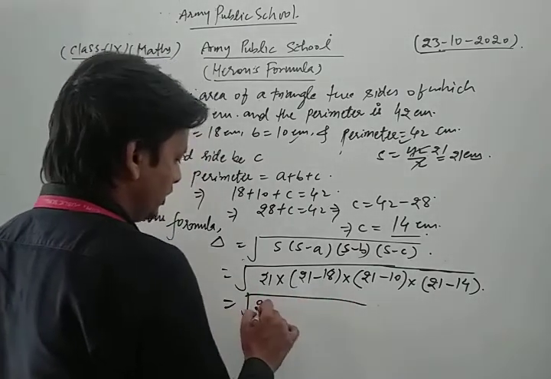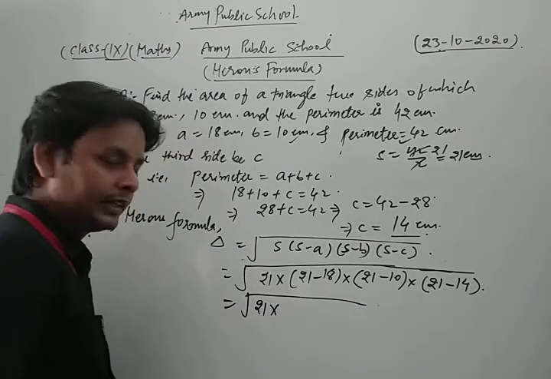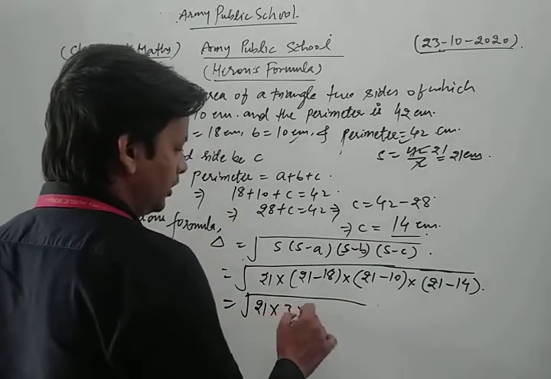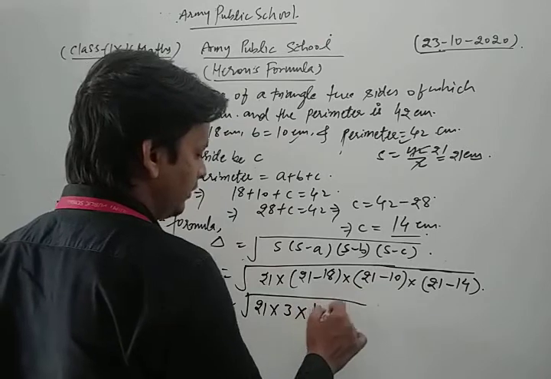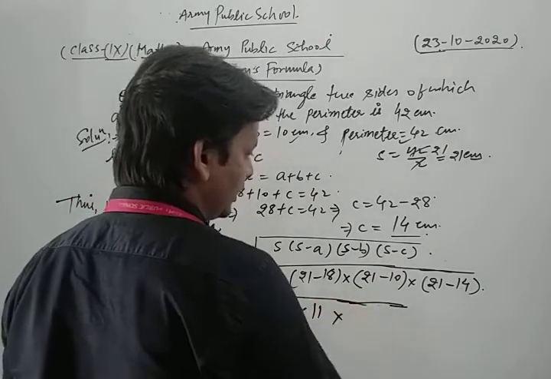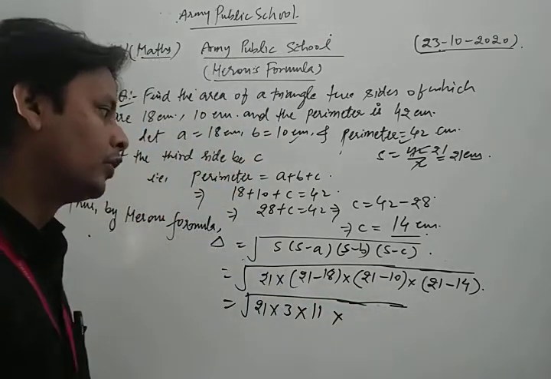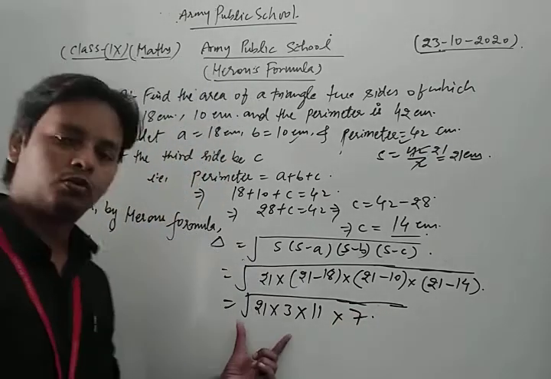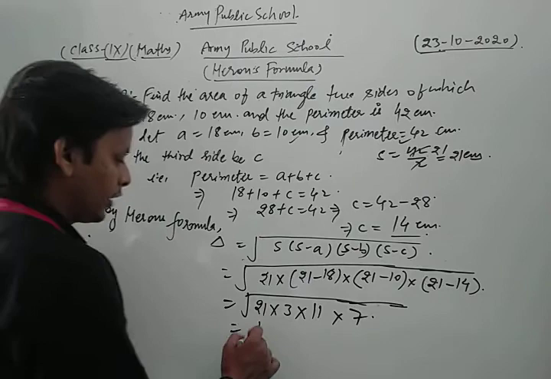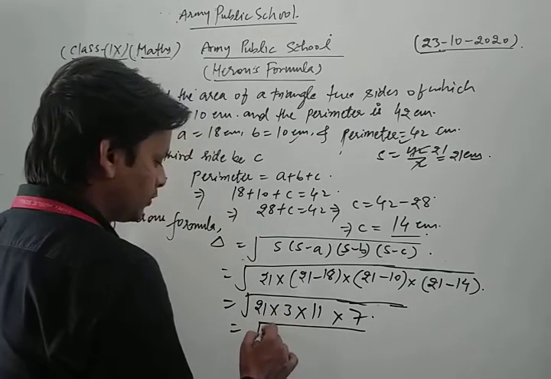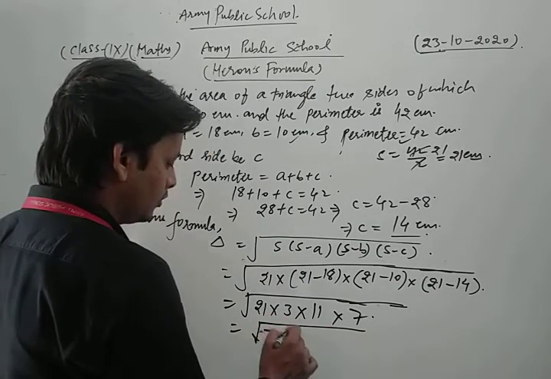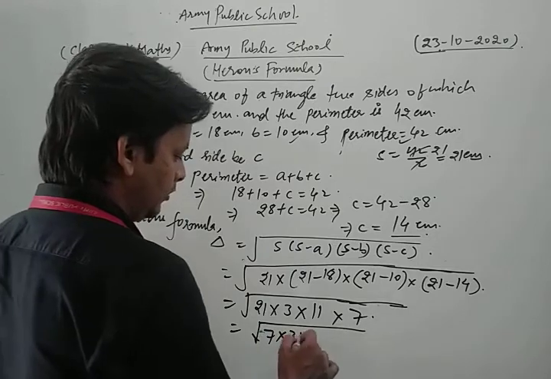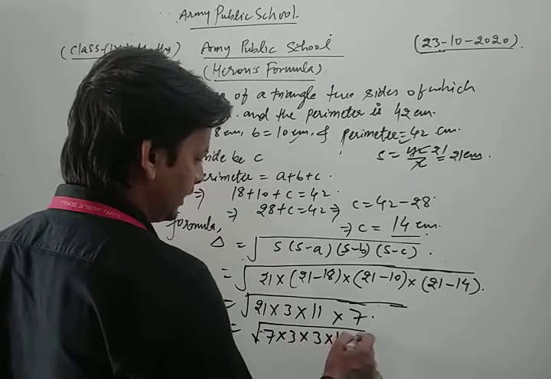Now we simplify that. We get 21 into 21 minus 18, which is 3, into 21 minus 10, which is 11, and into 21 minus 14, which is 7. So in this way we simplify them. Now we factorize 21 as 7 into 3, and write 3 into 11 into 7 as it is.